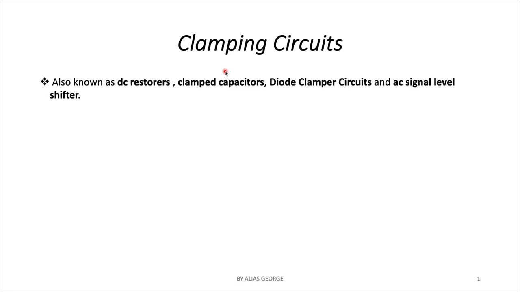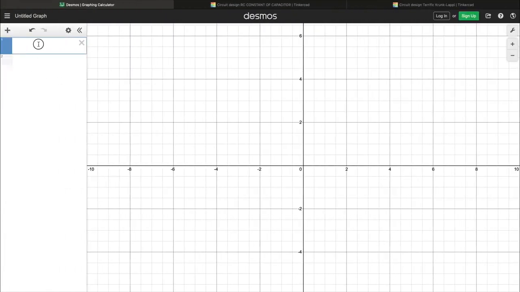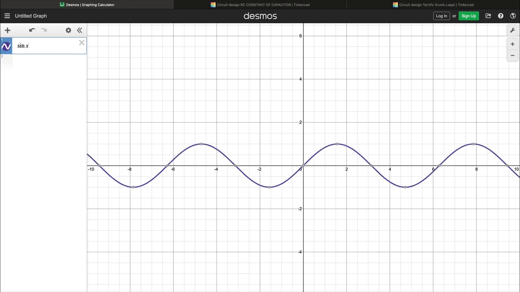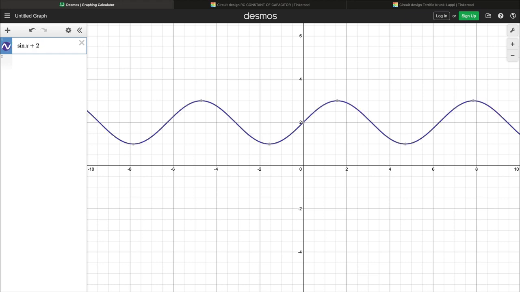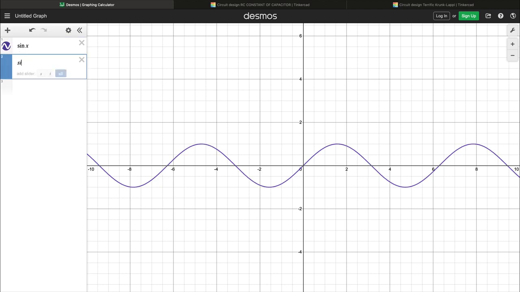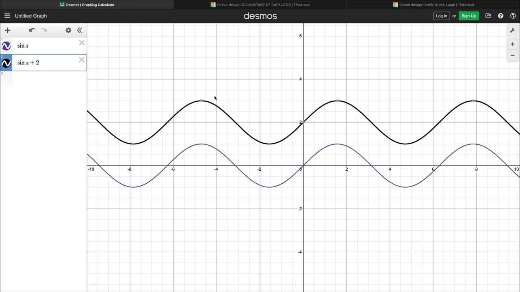So what do we mean by clamping circuits? We can just take an example and start studying clamping circuits. Suppose our input waveform is just a sin x, like this curve. If we add 2, we can see that it just shifted upwards.